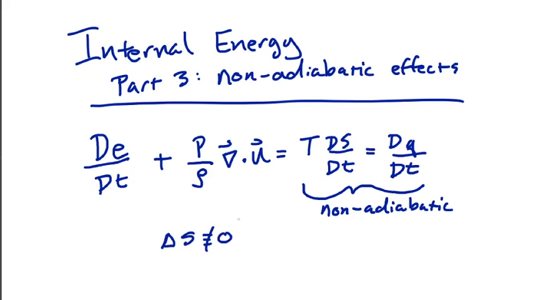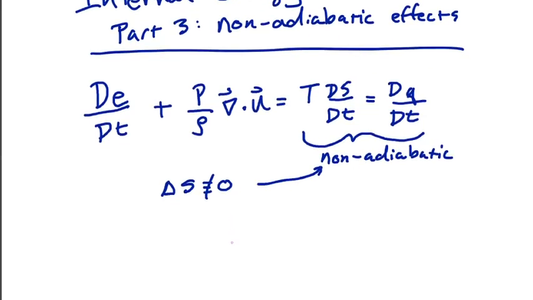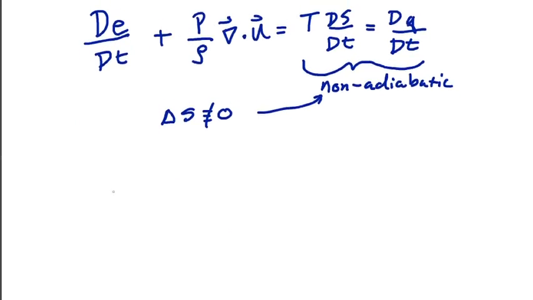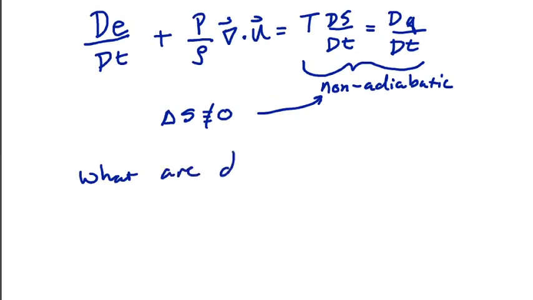And so if delta S is zero, then we have an adiabatic process. If delta S is not zero, we have non-adiabatic processes. These are driven by the dqs, and so the question is, what are typical dqs that we might encounter in interesting fluid situations?